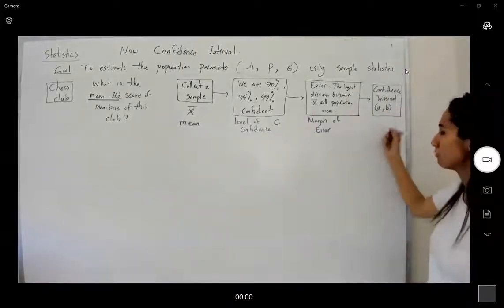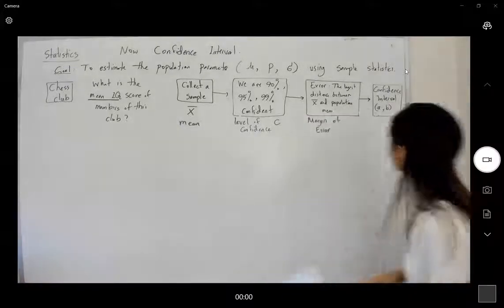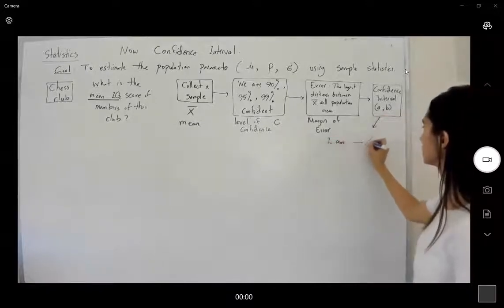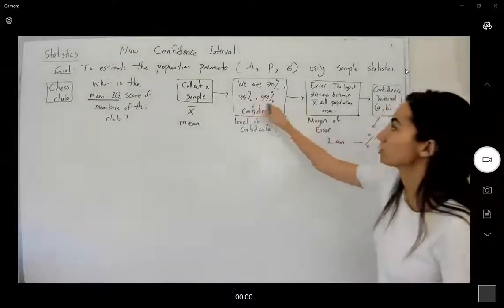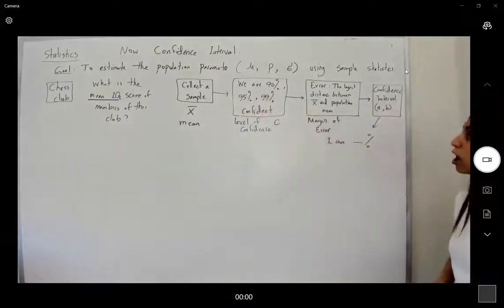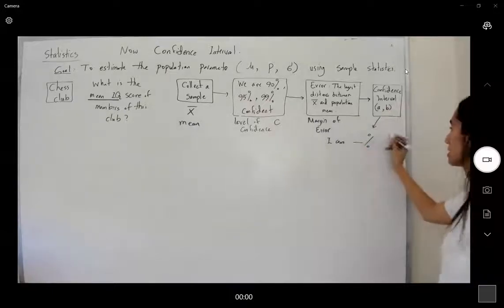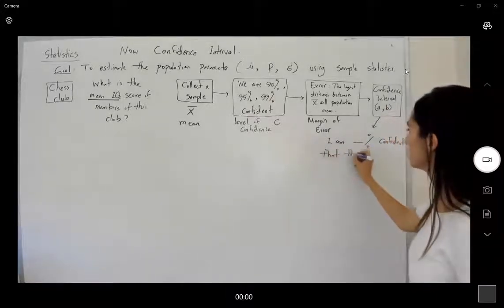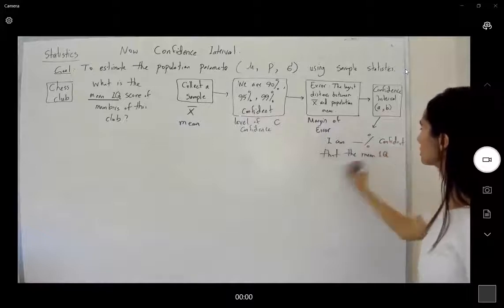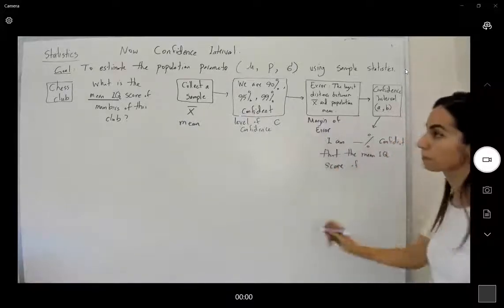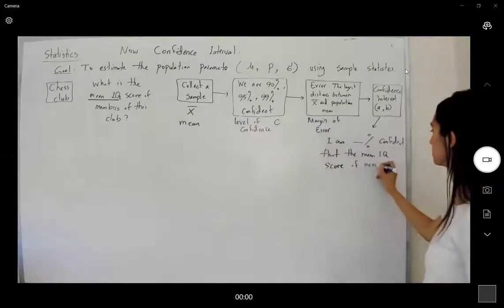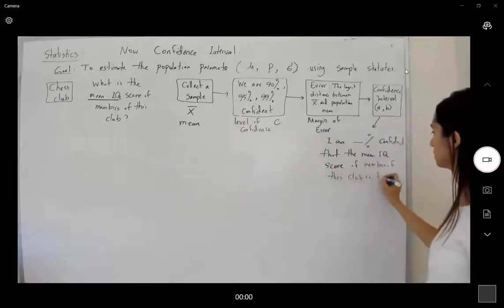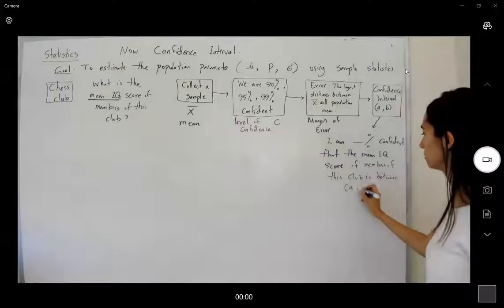So you can say: I am this much percent confident, 90%, 95%, 99%, or another confidence level, that the mean IQ score of members of this club is between A and B.